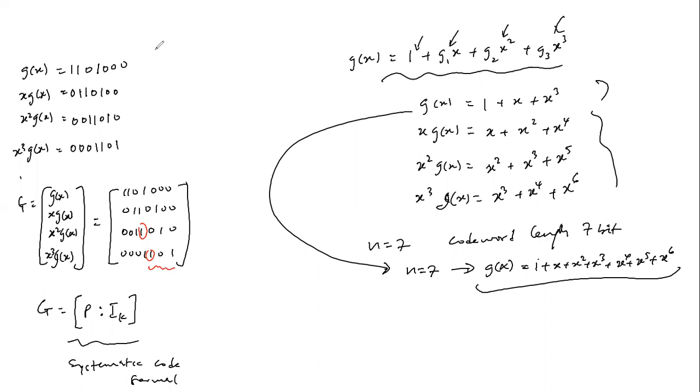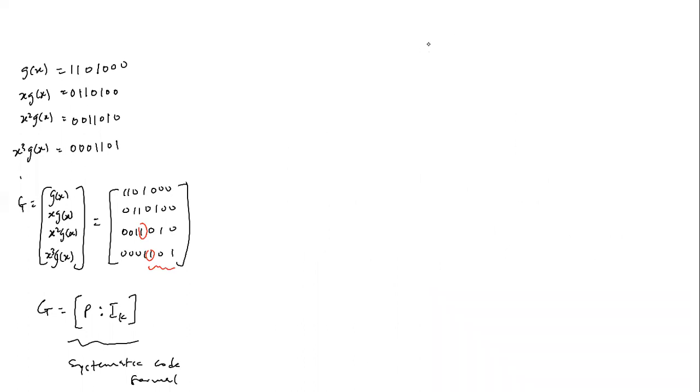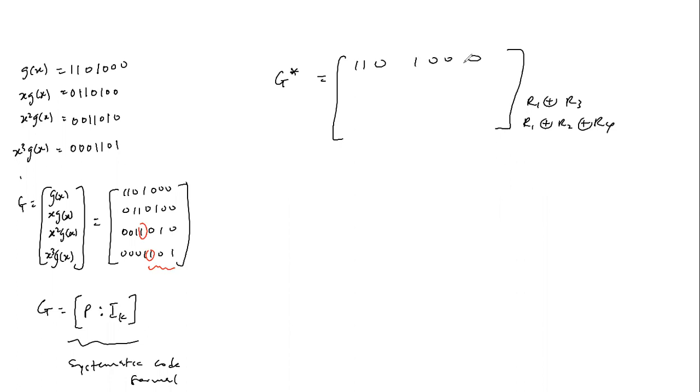So if we perform row transformation, you see that G star will now give us, on the third row, if we add row 1 and row 3, that is modulo 2 addition, and the fourth row, row 1, row 2, and row 4, then we are going to get 1, 1, 0, 0, 0, 0.